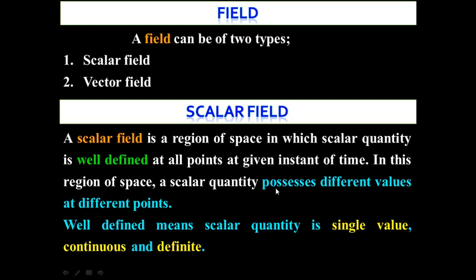Well defined means the scalar quantity is single valued, continuous and definite. It means at a particular point scalar quantity has a single value, and this scalar quantity has continuous values inside the region, but definite.